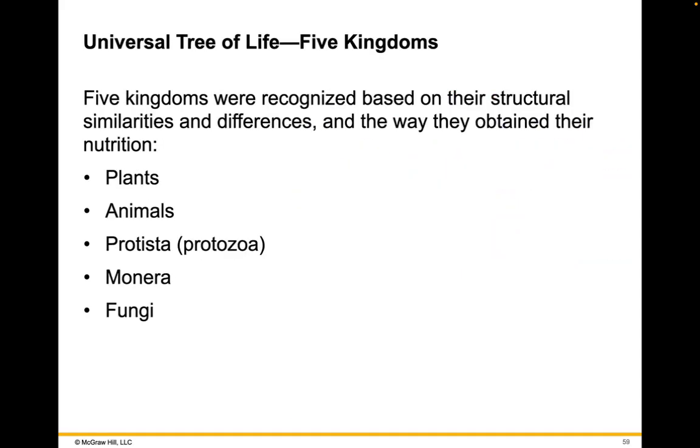So we have this universal tree of life, and it includes the 5 kingdoms. Your 5 kingdoms are plants, animals, protista. It used to be Monera and fungi, and I'm surprised they're using the word Monera. We'll go with it, but know that that is changing as we speak.